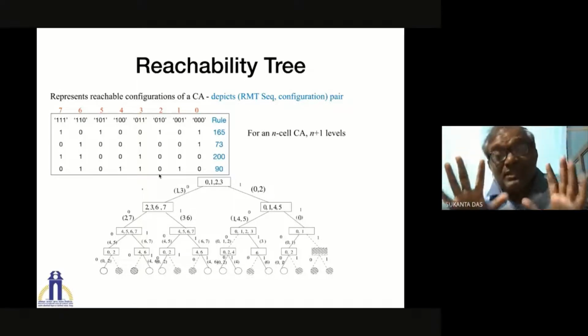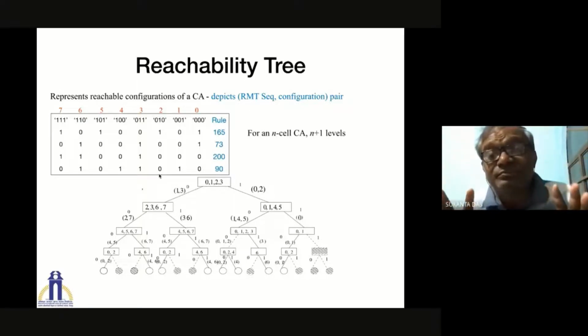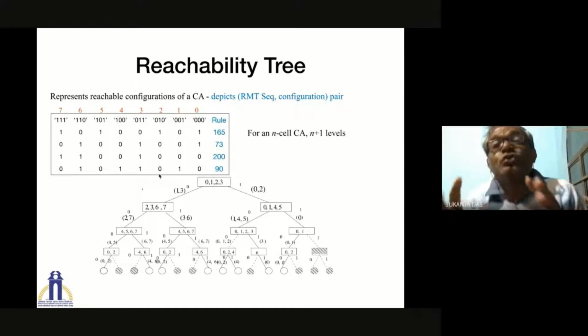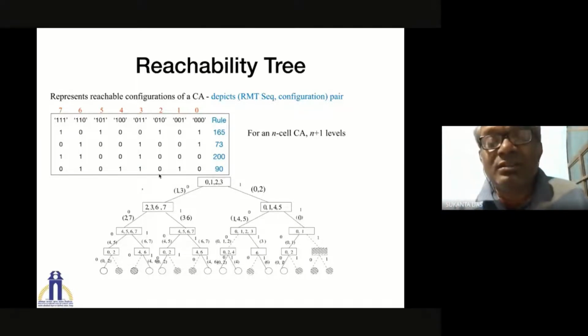And if you find that there is no RMT which can produce, say, 1, then that edge is not added into the tree. That edge is called a non-reachable edge. Actually, that edge doesn't exist, so you cannot reach that edge.